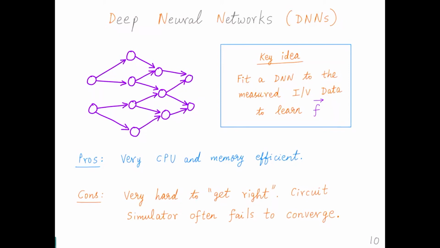Even if you have a function that seems to capture the device characteristics pretty well, what we found is that if you implement this function and throw it into a conventional circuit simulator, the simulator internally uses a method called Newton-Raphson to solve the circuit equations. Most of the time, if you're not careful, the circuit simulation will fail, because Newton-Raphson will refuse to converge.